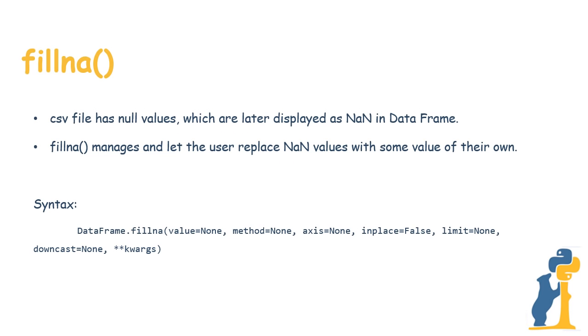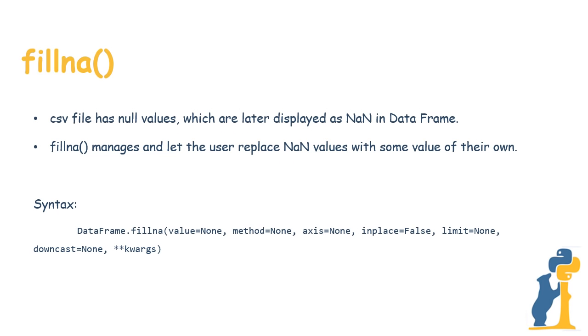We can change the null value to the specified value. Method: in the method we can specify ffill or bfill. Those methods are used for forward filling and backward filling, that is, to fill the values from the previous value or next value.